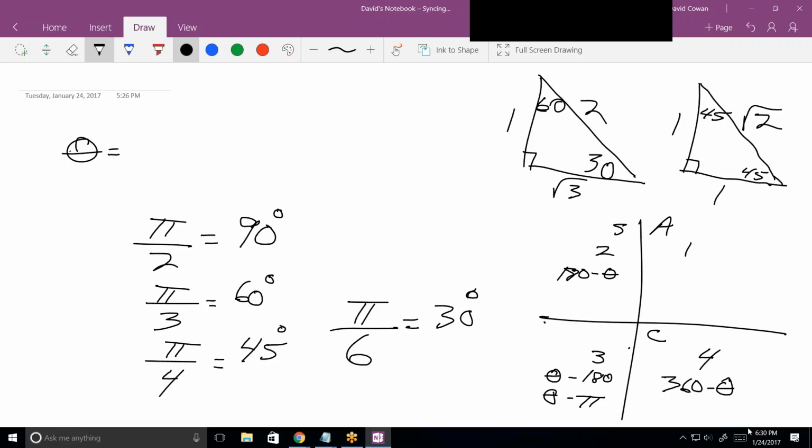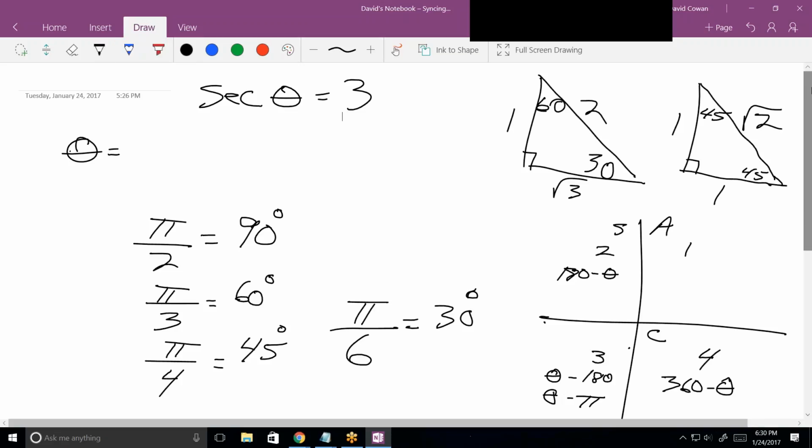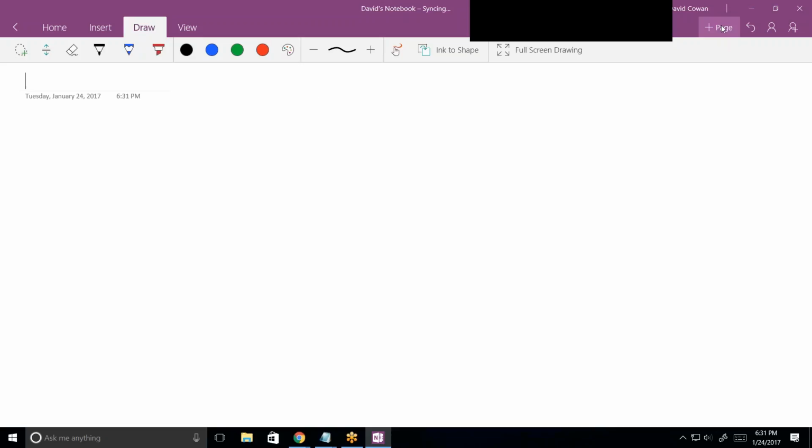Find the exact values of sine, cosine, and cosecant given secant of theta equals 3, comma 3 pi over 2. All right. I'm going to move down a page here because now we're getting into kind of the most common problem in trig.